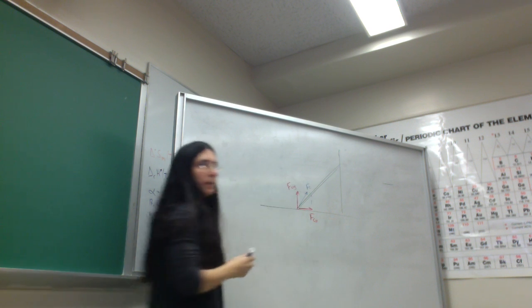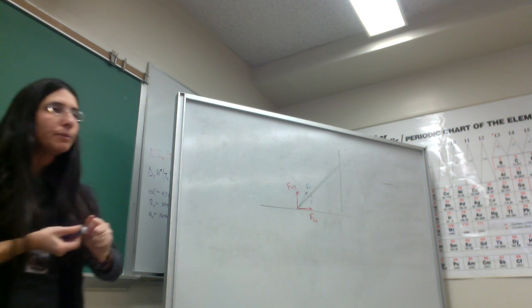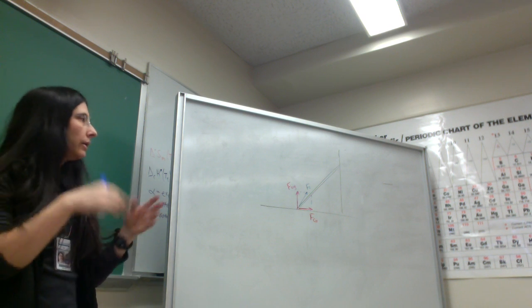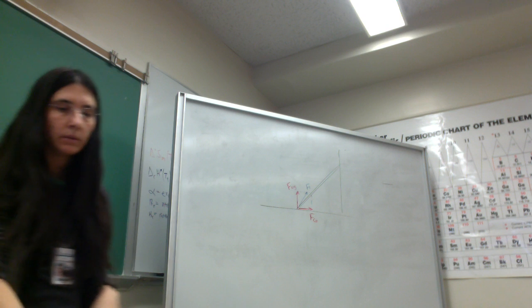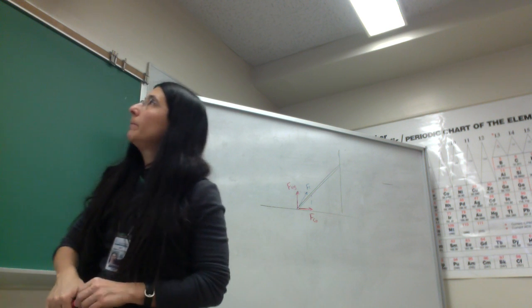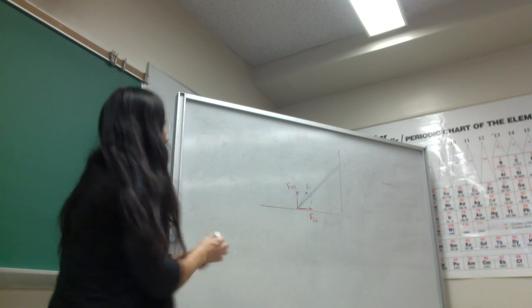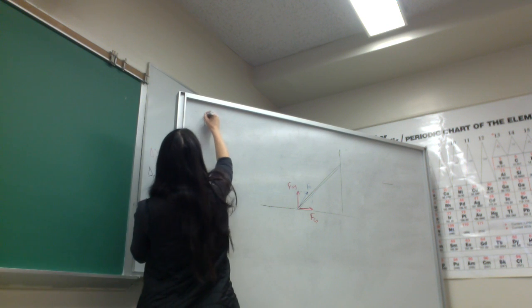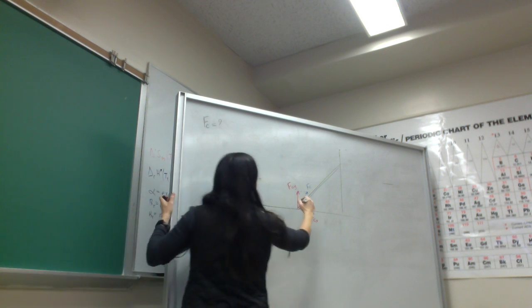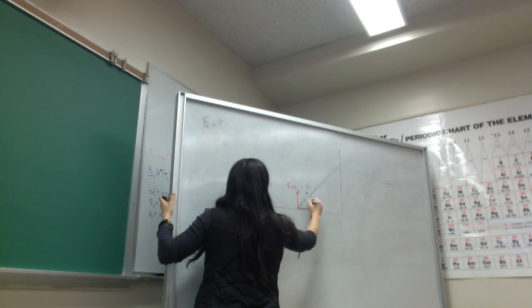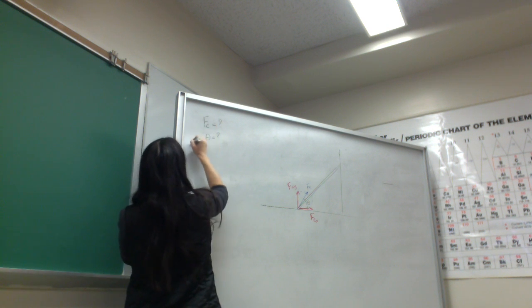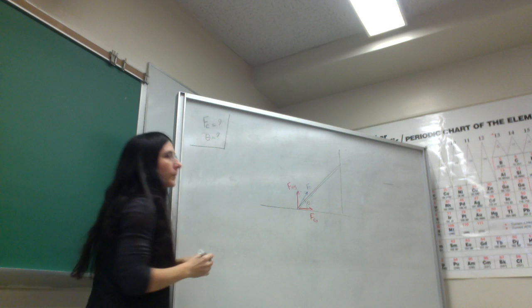So FCY is Fn and FCX is the friction. The composition of normal and friction gives this FC. The question of the problem is, what is this FC? So they want to know this magnitude and also this angle. Force is a vector, so they want to know the magnitude and the angle.